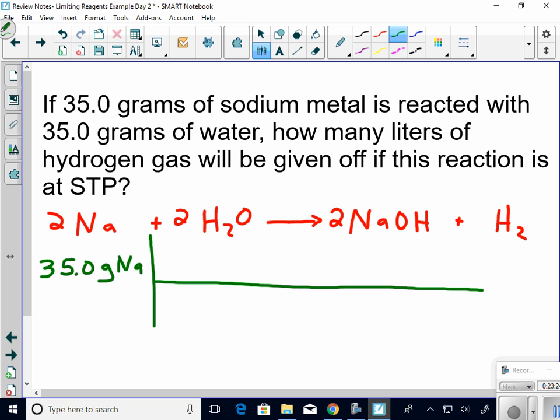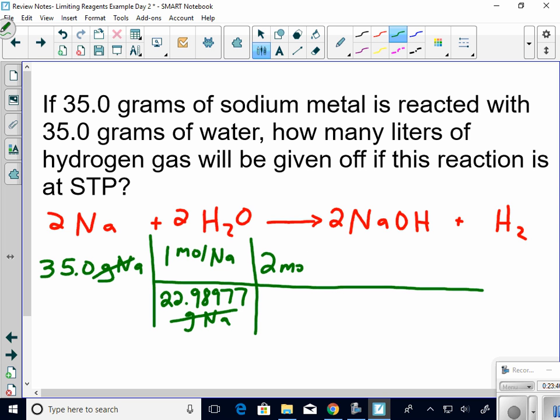Sodium is 22.98977. My grams cancel. I've converted that to moles of sodium. My molar ratio, 2 mole of water is 2 mole of sodium, right?